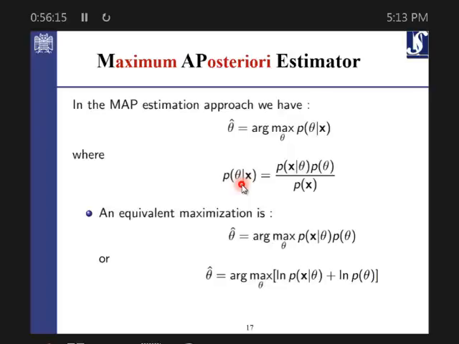In many speech enhancement methods, because they don't care about the phase, we have phase and we have the amplitude. When they don't care about the phase, they put a uniform distribution over the phase, and that's why in most cases they just use the maximum likelihood. But if you assign something as a PDF to the phase, something other than uniform, then the MAP results would be different from the MLE result.